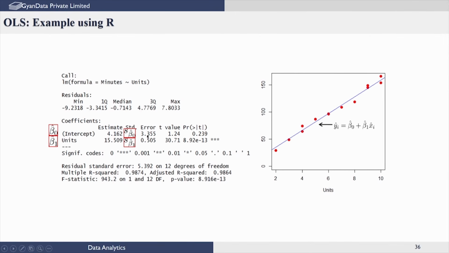Now, once it has given this out, we can construct confidence intervals and find out whether these are significant or not. R itself also tells you, if you run a hypothesis test, whether beta naught hat is significant or beta 1 hat is significant, and that is indicated by what is called the p value that it has reported.